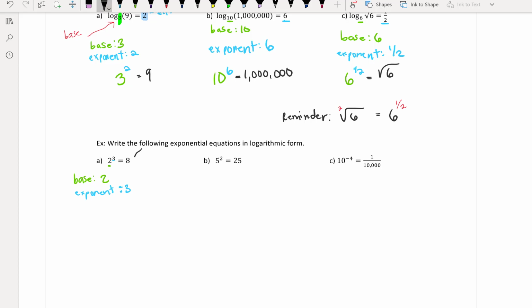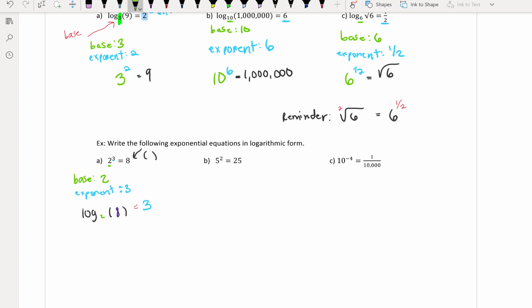So I'm going to have log base 2, and it's always going to be equal to my exponent. What I put inside is what I have inside the parentheses, which is that 8.